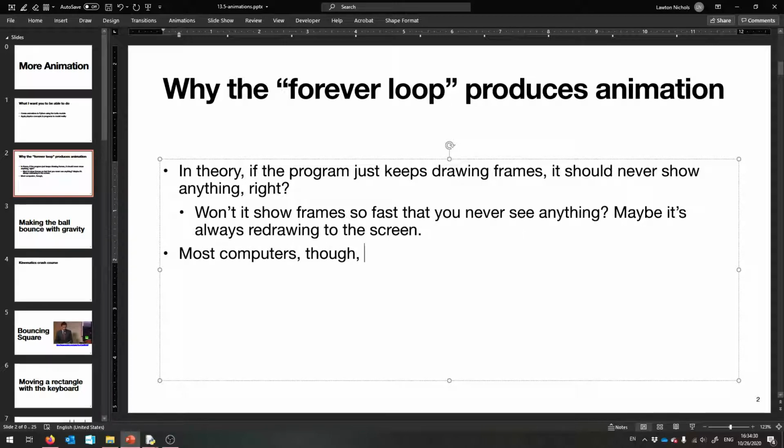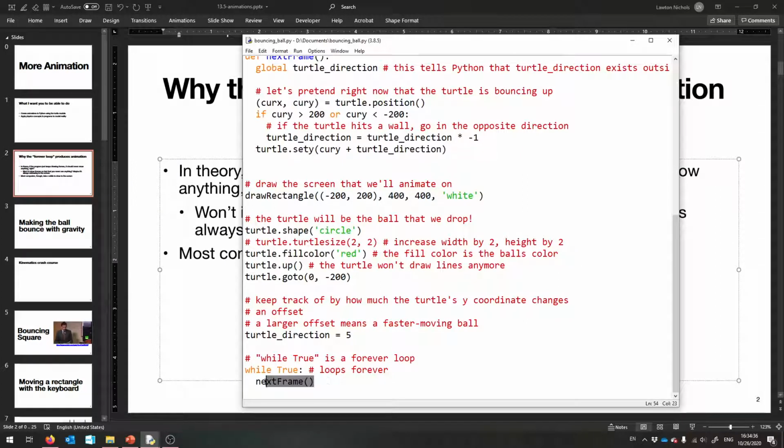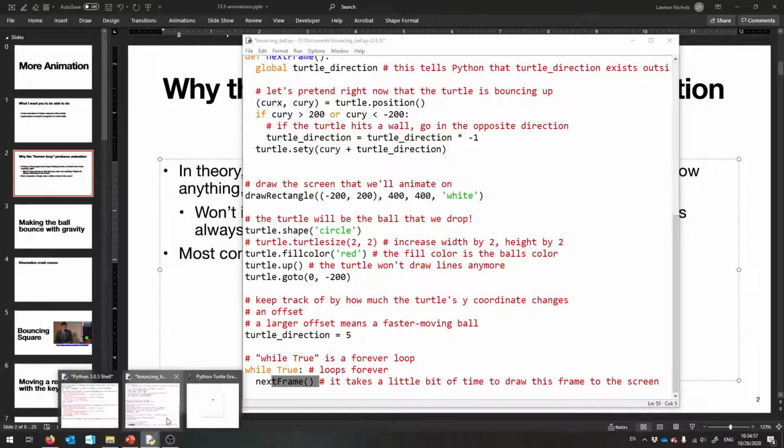But usually most of your computers take a while to draw to the screen. So when we say next frame, it takes some time to do that. In the time it took to draw this one, your program has waited a little bit.